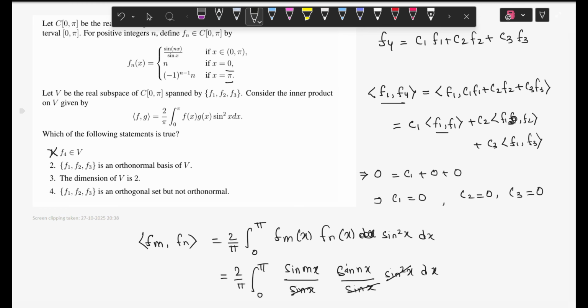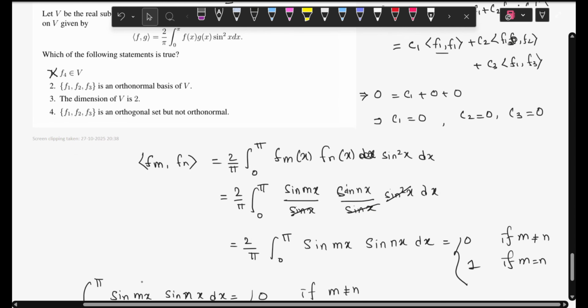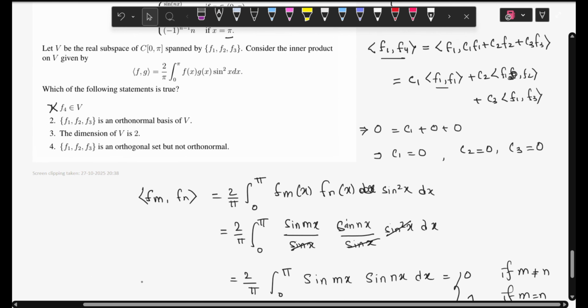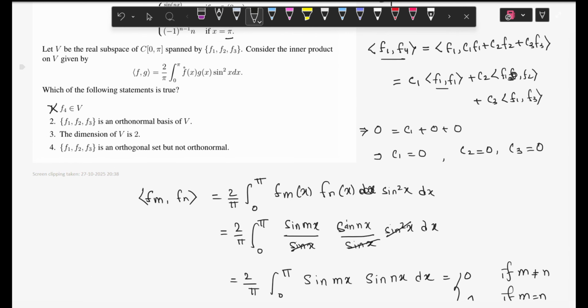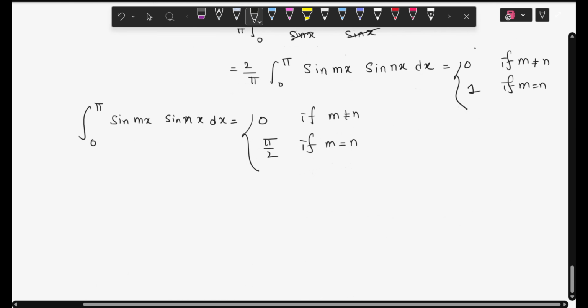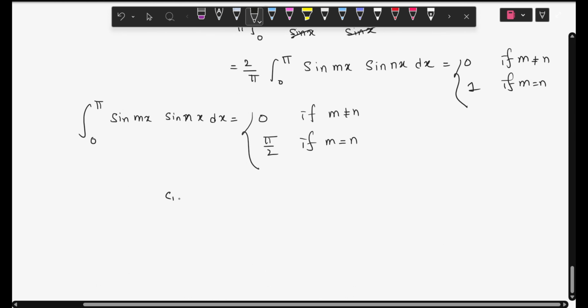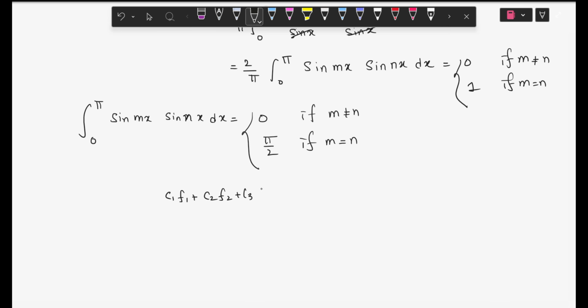Now let's move on to the second option. First of all, note that these three, f1, f2, f3, are linearly independent. If you check whether they are linearly independent or dependent, you express c1 f1 plus c2 f2 plus c3 f3 equal to 0, and take the inner product between 0 and f1, that is 0.